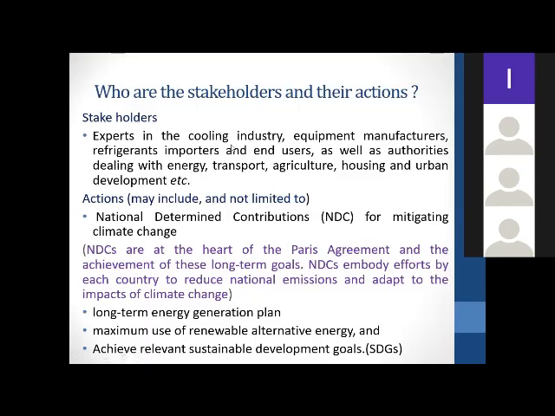And so we have stakeholders coming to various areas: equipment manufacturers, cooling industry, and end users, energy, transport, agriculture, housing, urban development, all have to work in the cooling areas as well, and other areas as well, of course. NDC is not limited to a group. Now we also have something called nationally determined contributions for mitigating climate change.